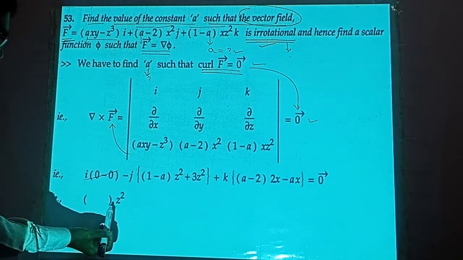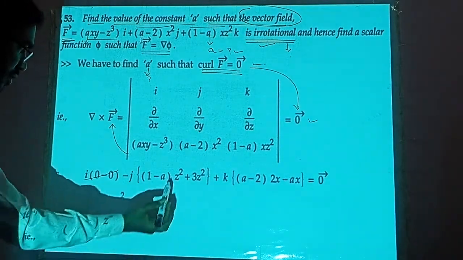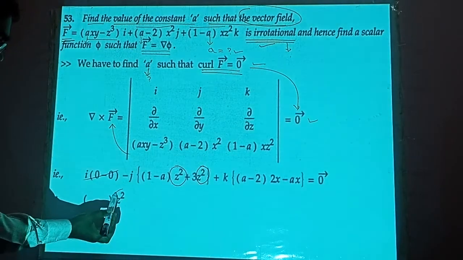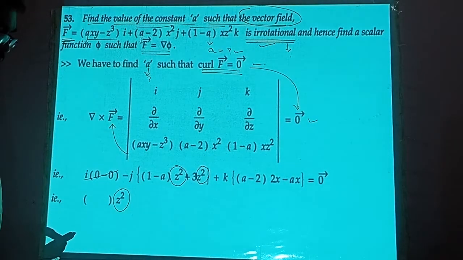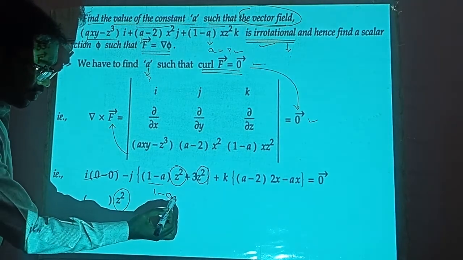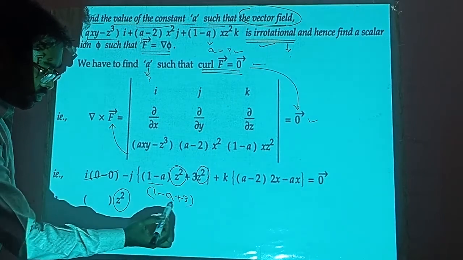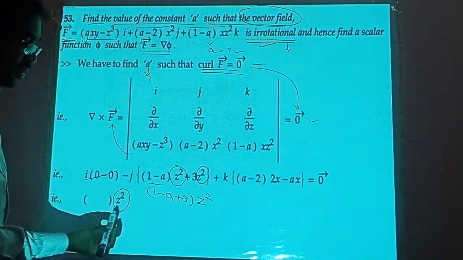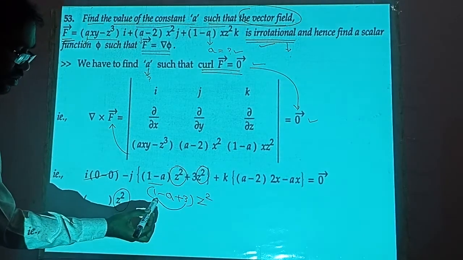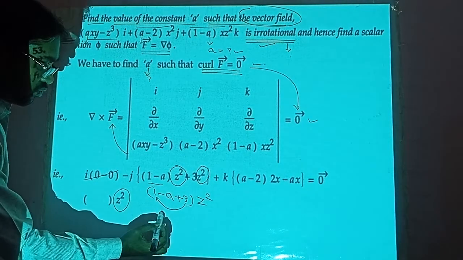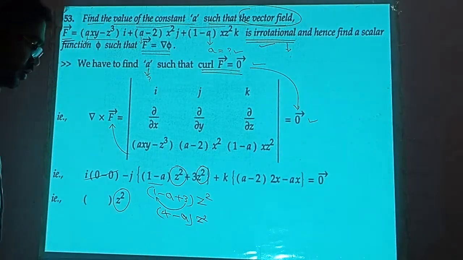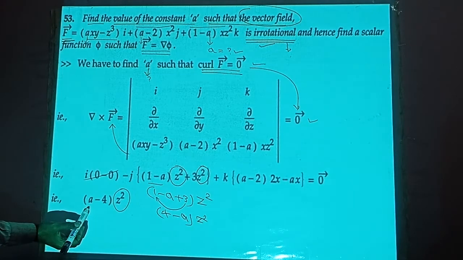Now let us simplify this. If you take z square outside, what remains? 1 minus a plus 3. You will get 4 minus a z square.